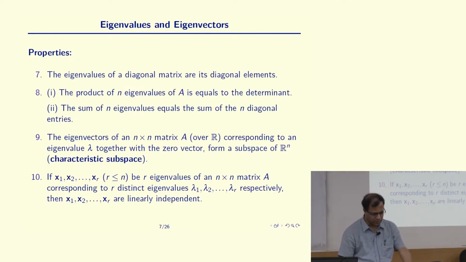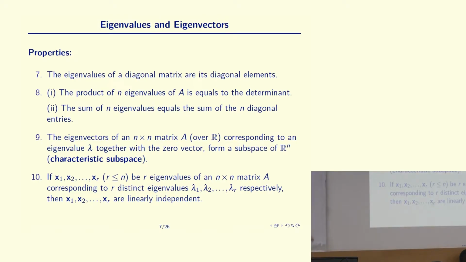Instead, I'll just go to the last proof, the last property. If x1, x2, ..., xr are r eigenvectors of an n by n matrix A corresponding to r distinct eigenvalues lambda 1, lambda 2, ..., lambda r, then x1, x2, ..., xr are linearly independent.